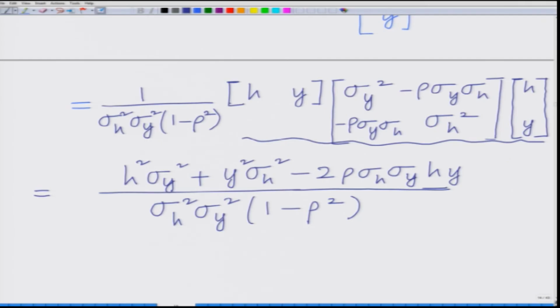Okay. So, this is basically the term which corresponds to the row vector h y times R inverse, where R is the covariance matrix corresponding to the vector h y times the column vector h y.